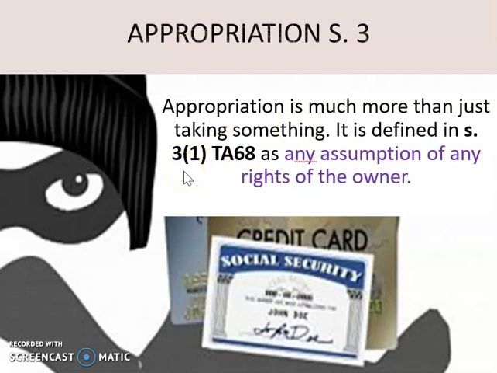So section 3.1 of the Theft Act says that appropriation is assuming any rights of the owner. So you appropriate something if you do something that only the owner of that item has the right to do. And if we have a look at some cases, that will help to explain that.